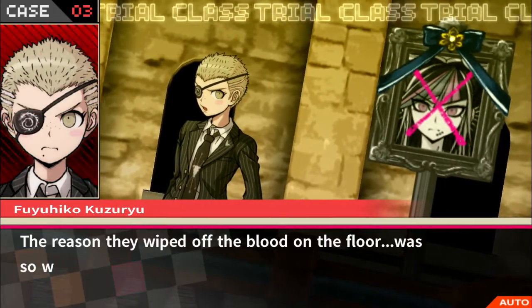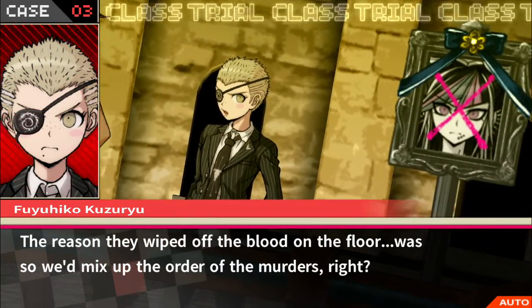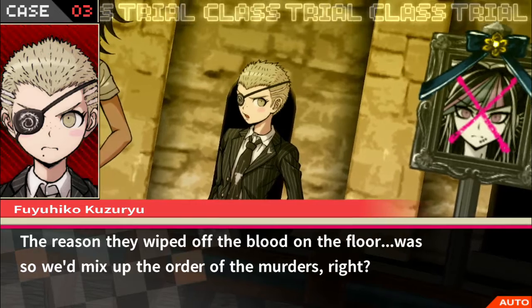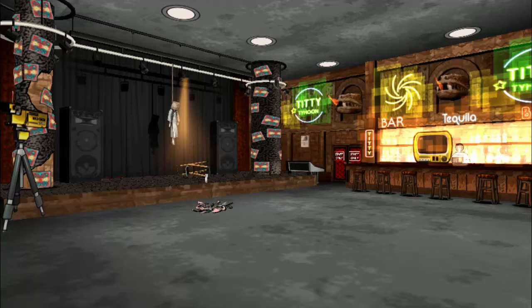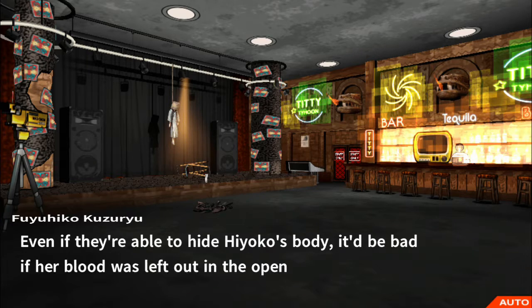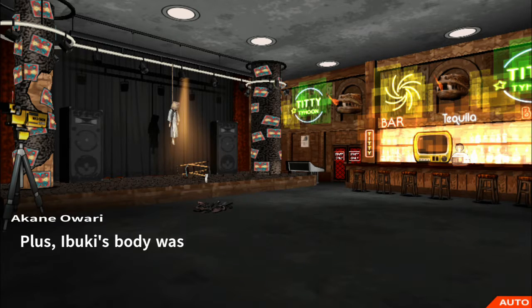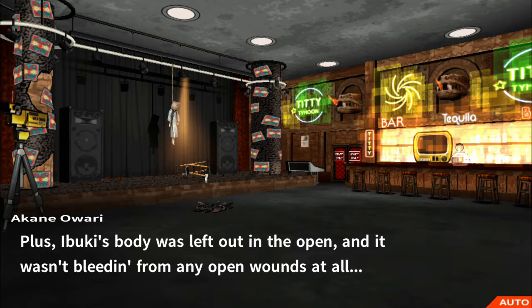The reason they wiped off the blood on the floor was so we'd mix up the order of the murders, right? Even if they're able to hide Hiyoko's body, it'd be bad if her blood was left out in the open. Plus, Ibuki's body was left out in the open, and it wasn't bleeding from any open wounds at all.